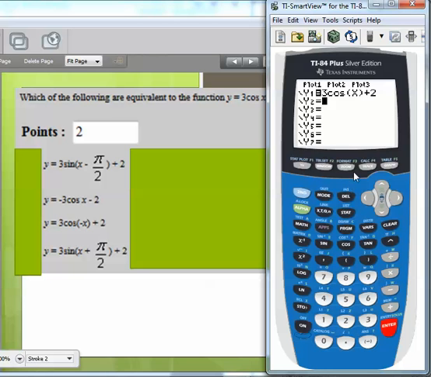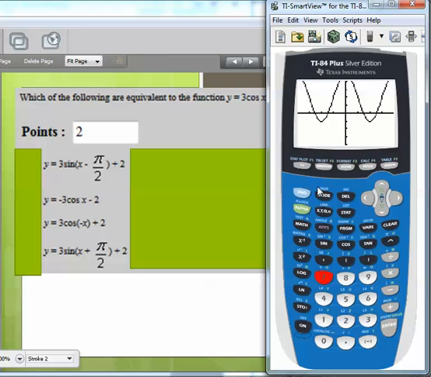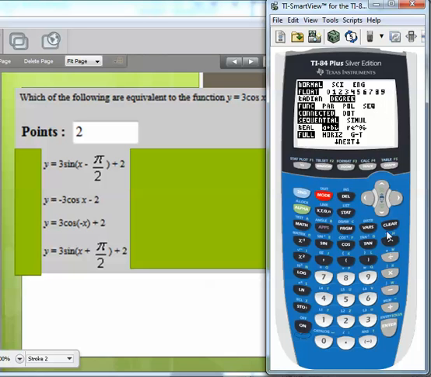Hit enter. I'm going to graph it because I want to make certain it's working correctly. And my graph is just giving me a straight line. So what I have to do is do a zoom, make certain it's giving it to me as a trig function so that it looks like that. Now I got a nice little cosine wave there. I want to make certain that I'm in radians, and I'm not. So I'm going to make certain I'm in radians.